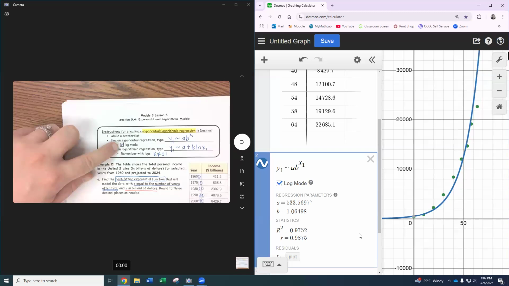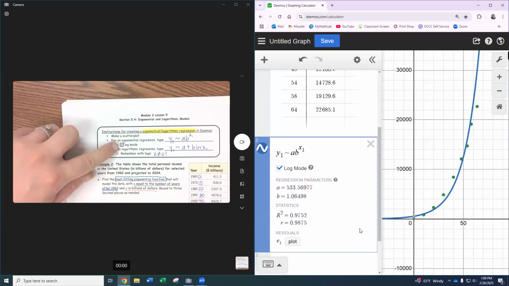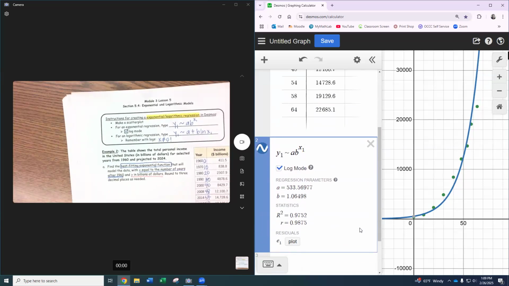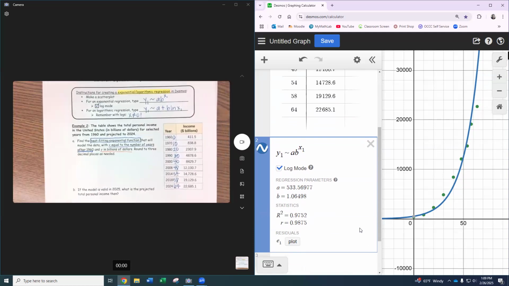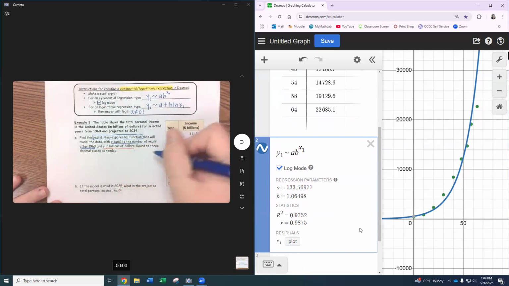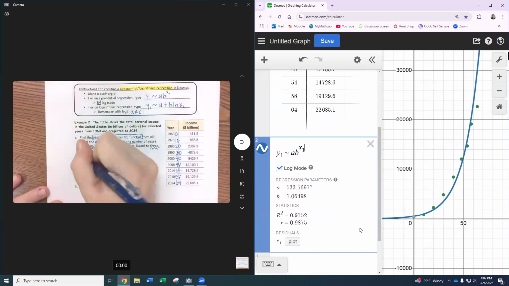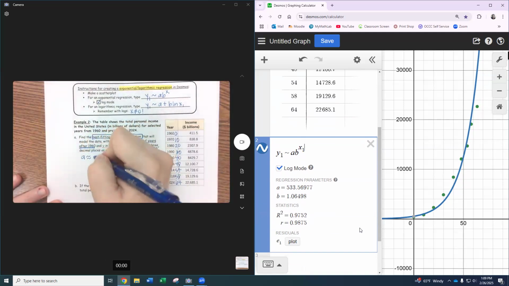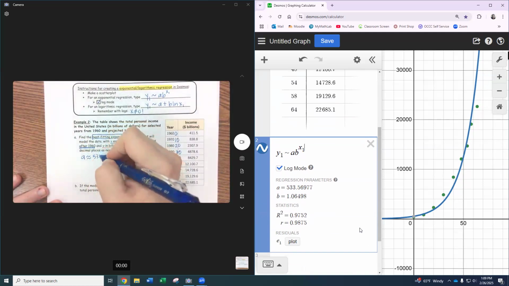Okay. All right. So then, three decimal places. So A is about 533.57.